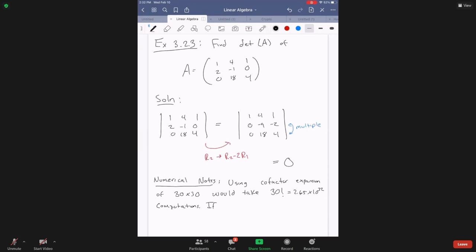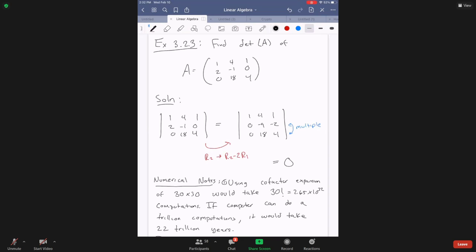Again, if a computer can do, let's say, 1 trillion computations, it still would take 22 trillion years. Okay, so that's number one.